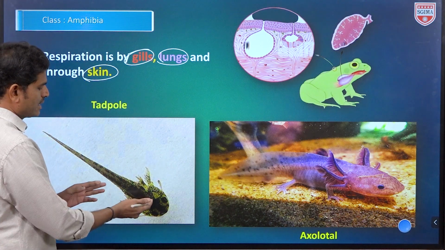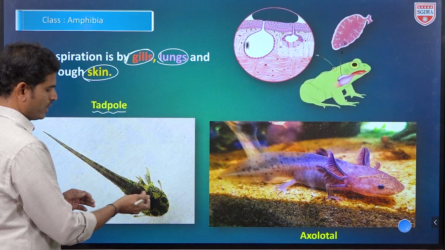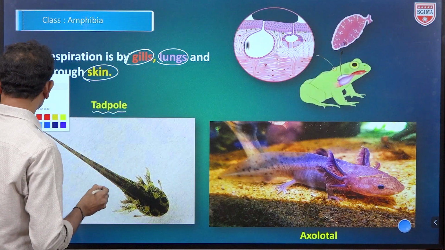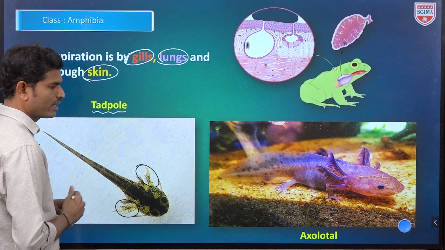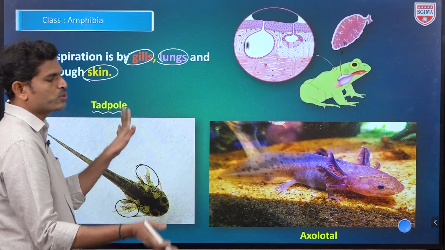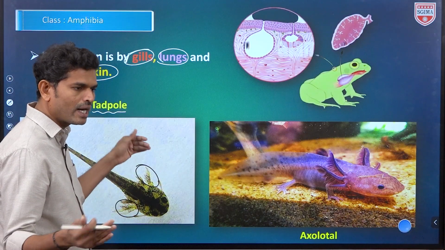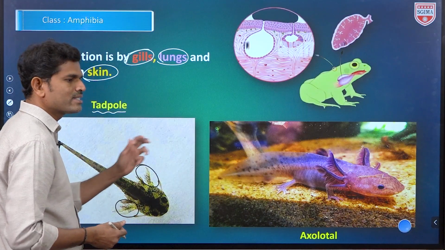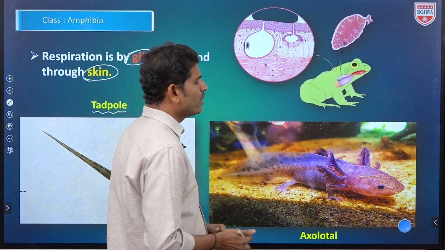Gills: a tadpole larva belongs to which one? Frog only. It contains external gills. Gills may be of two types, external gills and internal gills. External gills are exposed to the surrounding habitat, suspended in the water attached to the organism, and exchange gases. So external gills, tadpole larva, and this is the axolotl larva.